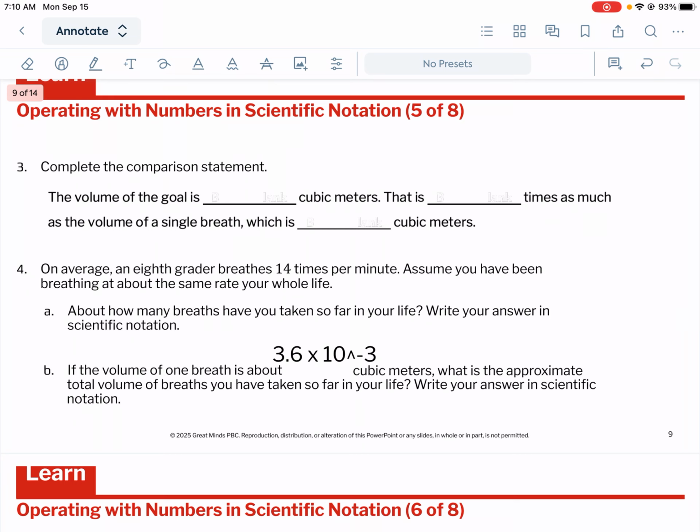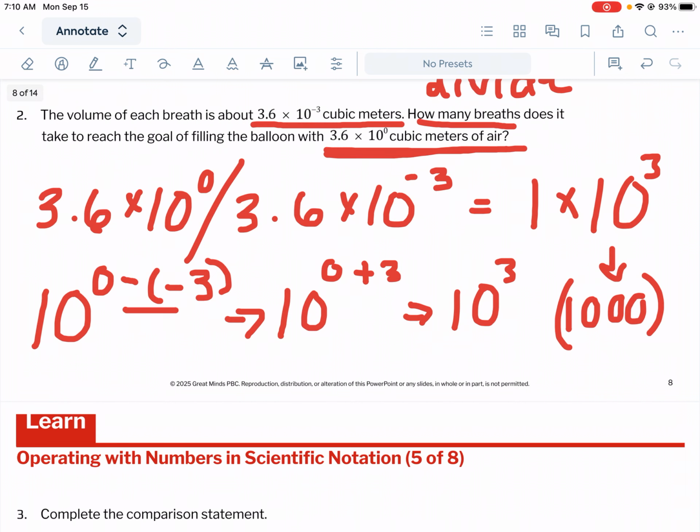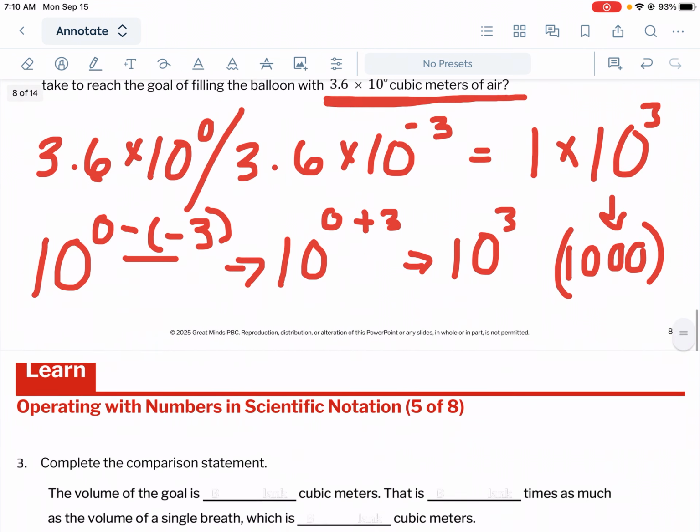For number 3, complete the comparison statement. That's what we just did for number 2. This is just another sentence. The volume of the goal is, that's this number, 3.6 times 10 to the 0.